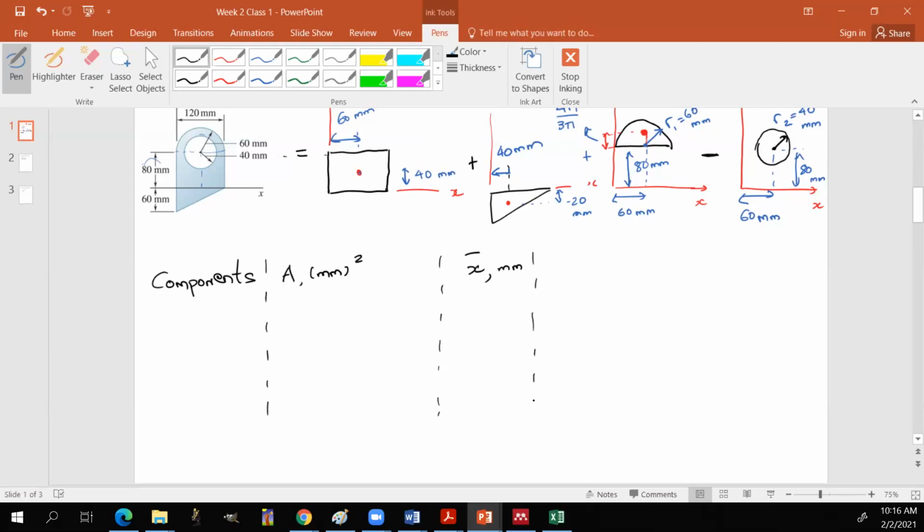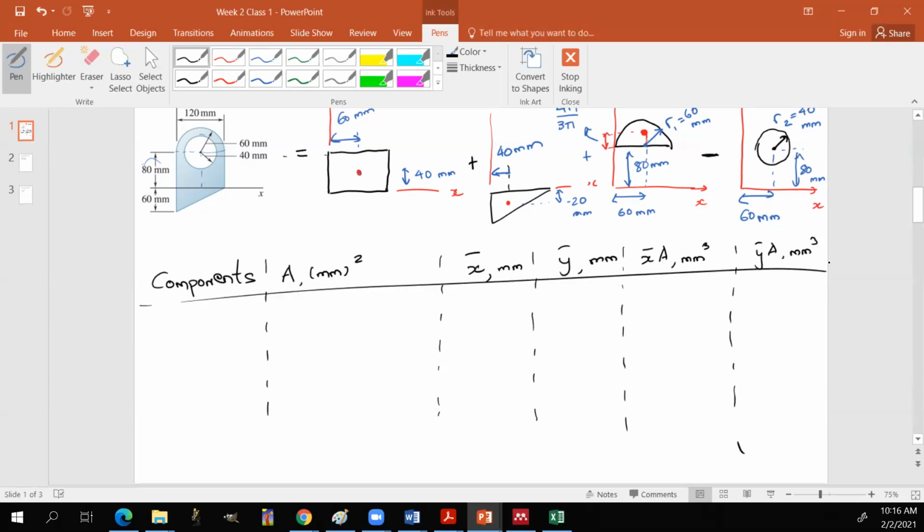Then you have the location of that centroid's Y coordinate, and then you have your first moments, right? Which is just A times X bar and A times Y bar, so X bar times A in millimeters cubed, and Y bar times A in millimeters cubed, right?